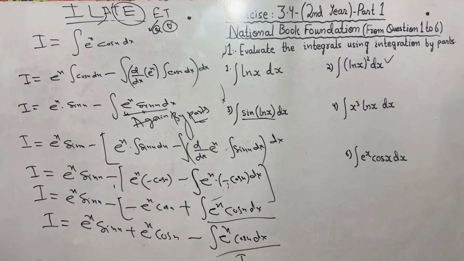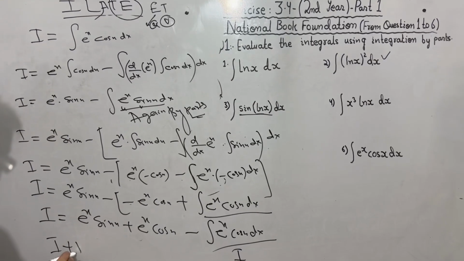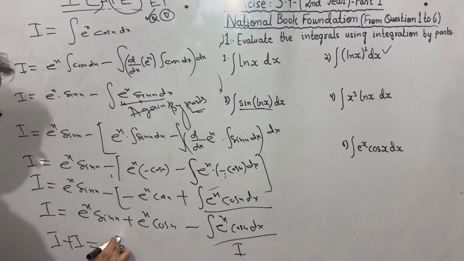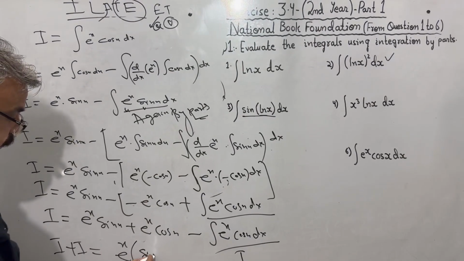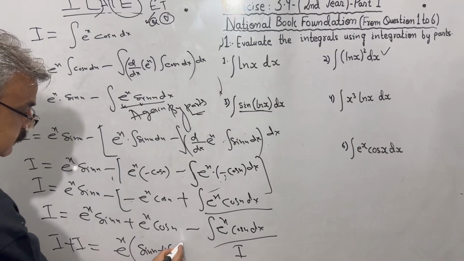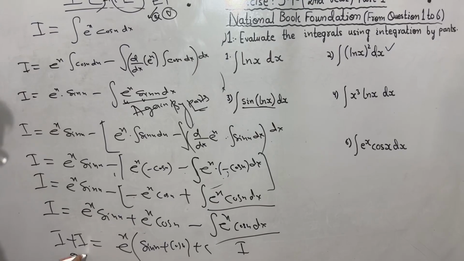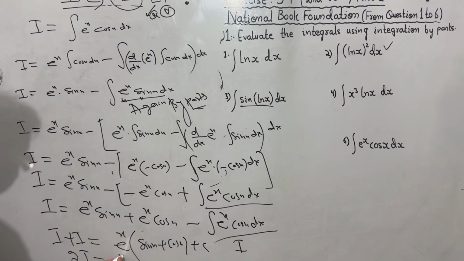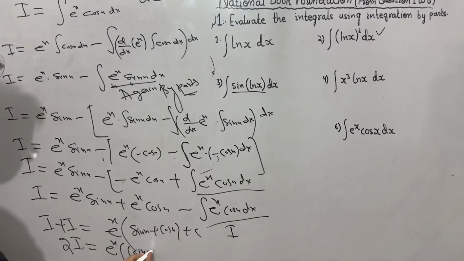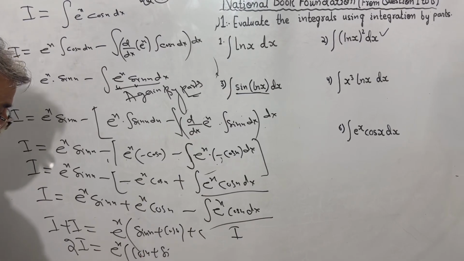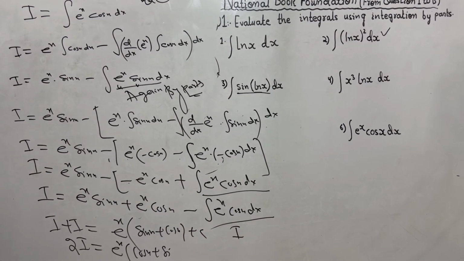Shift here. So I plus I is equal to, taking e raised x common, sin x plus cos x plus c. I plus I will become 2I equals e raised x times sin x plus cos x, or cos x plus sin x.